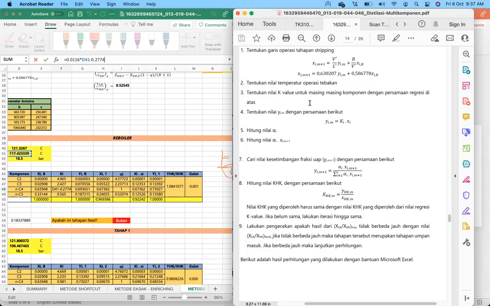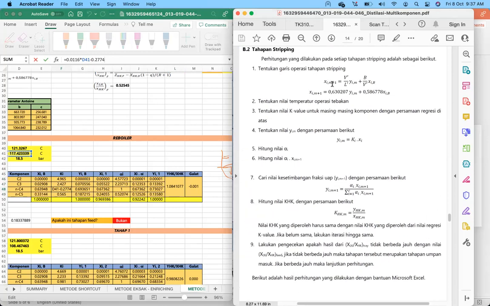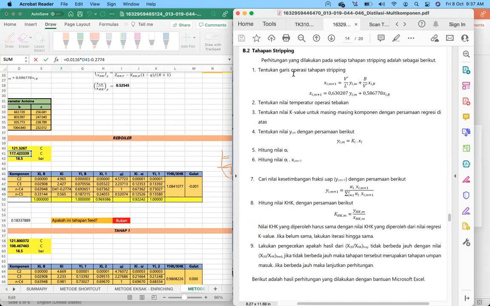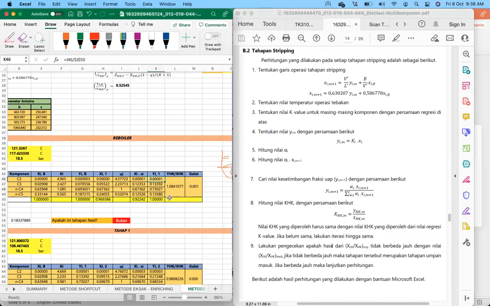Okay, so again in here there's a stripping equation, and also y equal to kixi, and then you can also find the kesetimbangan, y1 for this case, for the next stages, by adding y m plus 1 and also x m plus 1.